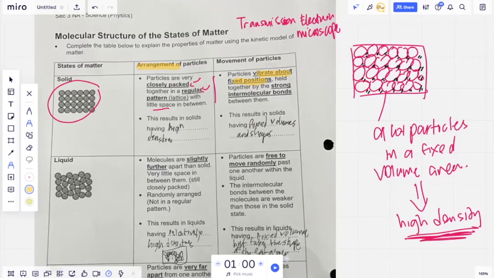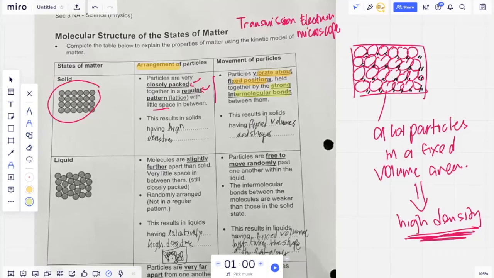Then why they are in a fixed position is because they have intermolecular bonds in between. You could assume it's covalent bonds, or electrostatic forces of attraction from your chemistry. But in physics, we don't talk about covalent bonds and ionic bonds, so the blanket term used is strong intermolecular bonds.